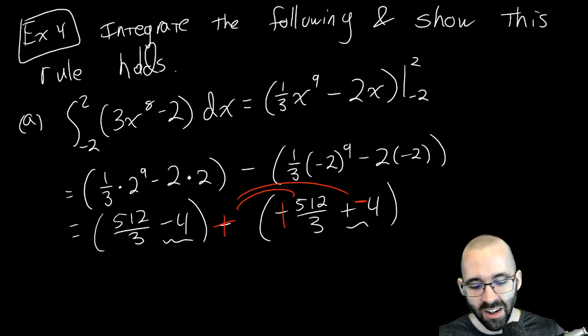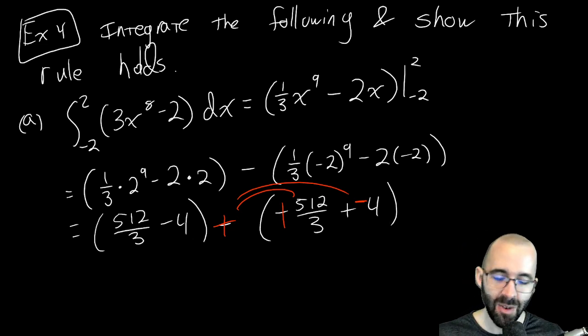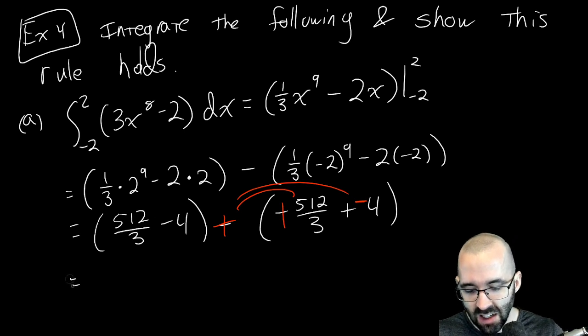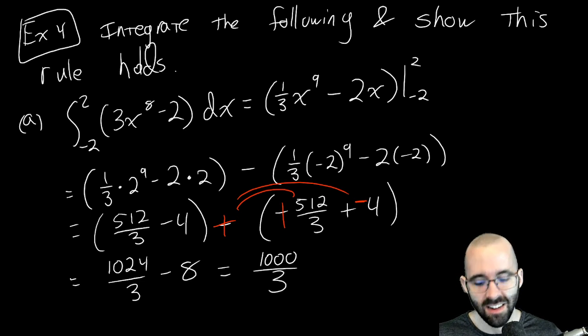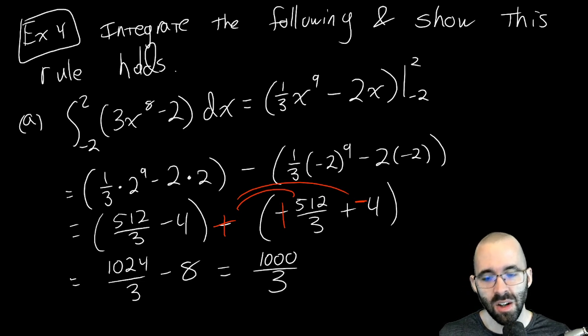We have a -4 minus another -4. Hey, now we have 2 of them. You can really see where that formula is coming from. So now we have 2 of them. It's 1024/3 minus 8, which is 24/3. Oh, our answer is nice. When we write 8 as 24/3 and subtract it, we just get 1,000/3.